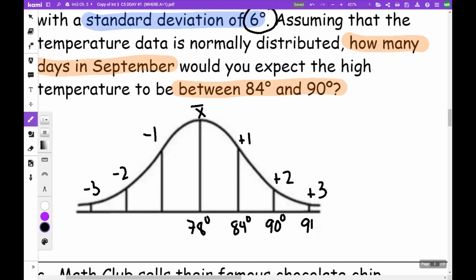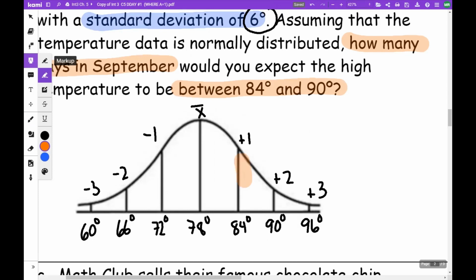Adding 6, so 96 degrees. Going the other direction, subtracting 6, 72 degrees. Subtracting 6, 66 degrees. Subtracting 6, 60 degrees.